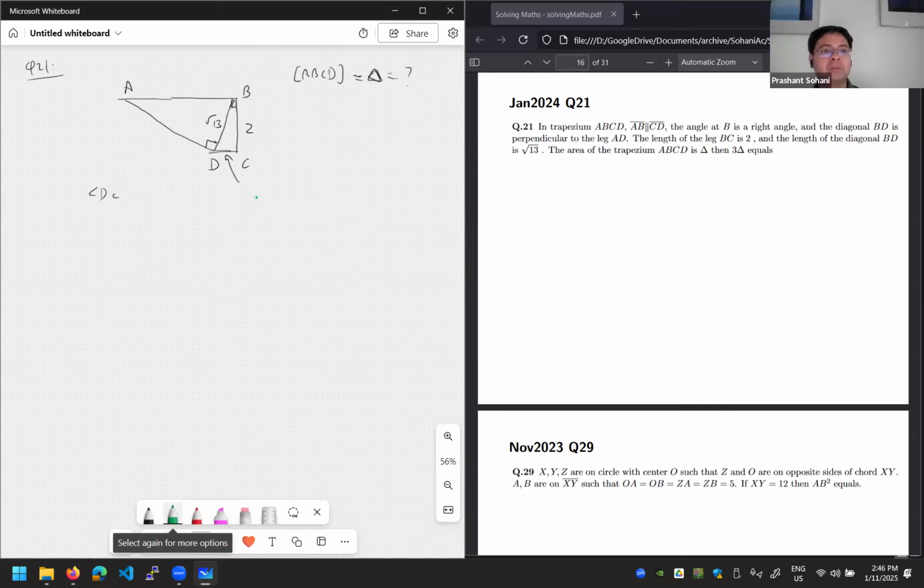So the 90-degree angles given here, we have to use them to observe that if I mark angle CBD with a dot, then the remaining angle is its complement, 90 minus that, and again the complement of the complement will be equal to the original angle. So therefore, angle BAD, which is 90 minus angle ABD, is the same as angle CBD.